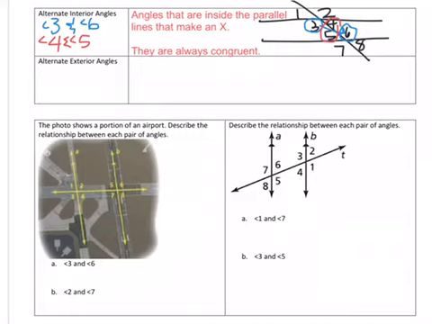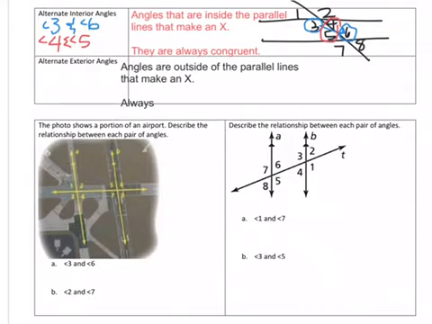The same goes for alternate exterior angles. So these are the angles that are outside of the parallel lines and that make an X. They make a large X, and they're also always congruent.